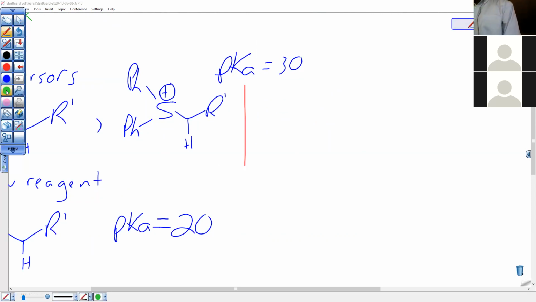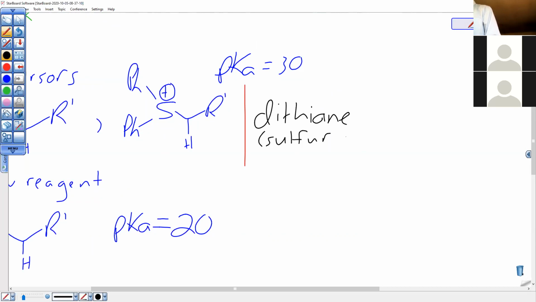And we had the dithiane, also known as a sulfur acetal. And it looked like this.